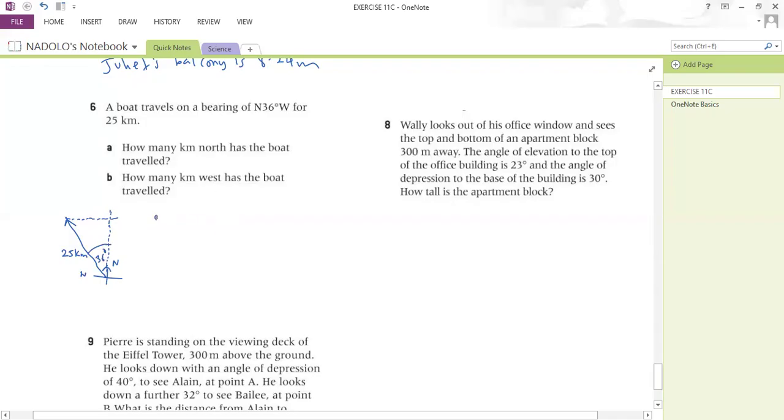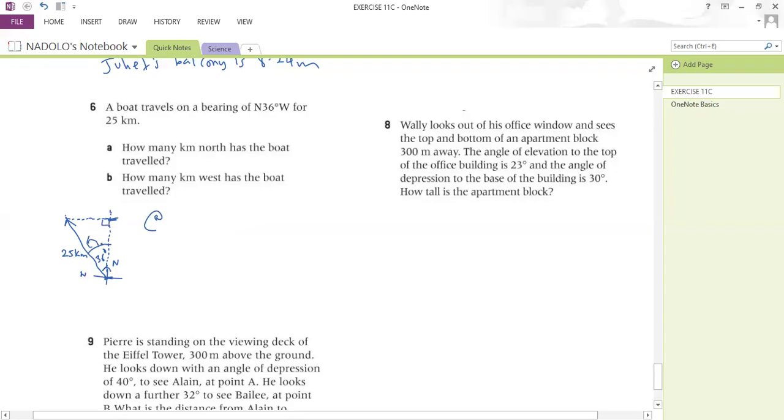So part A asks how many kilometers north has the boat traveled. So they're asking what is the distance from this point up to this point where the boat stopped after the 25 kilometers.